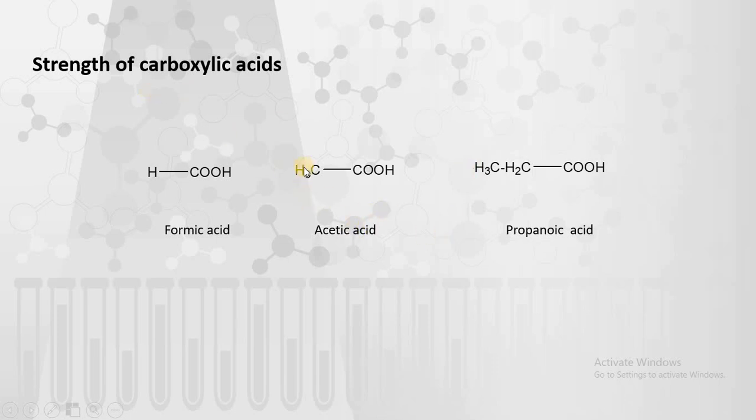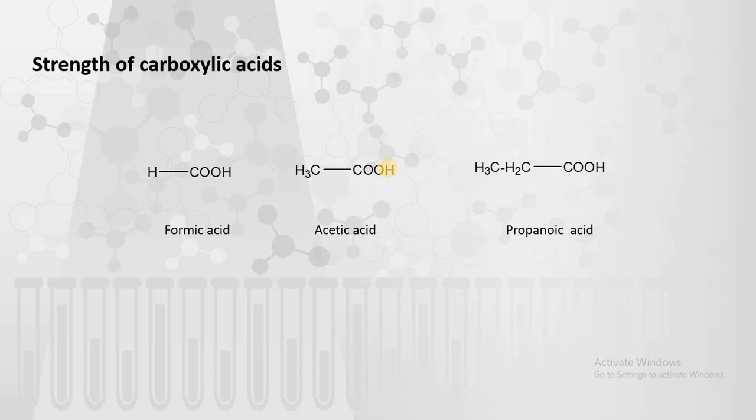If you consider the electron donating nature of the methyl group, it donates electrons to the COOH group. If electrons are donated to the COOH group, the bond between O and H is strengthened. The strength of this bond increases, and hence it is a weak acid.